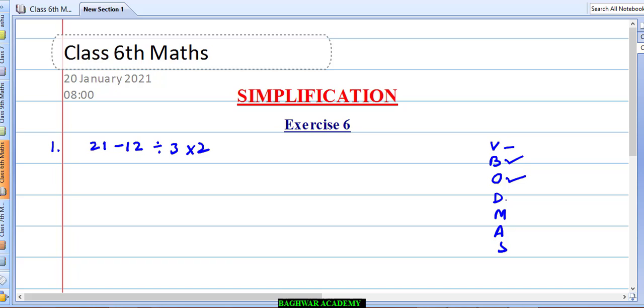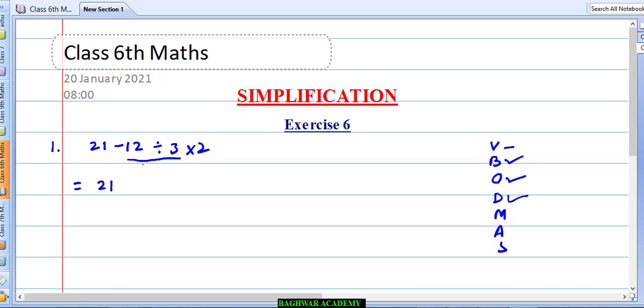So we will start with division, because division we have and multiplication we have. So this portion is required to be solved first. Watch properly, because this is very important to learn which portion is required to be solved and how it is required to be solved. So here we will note down 21 and then we have minus 12 divided by 3.